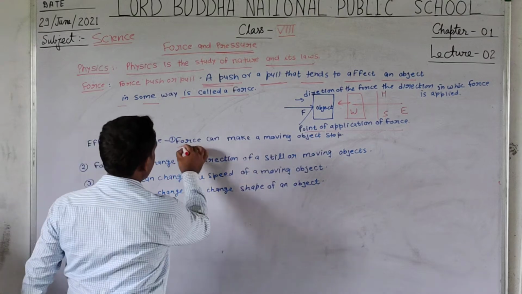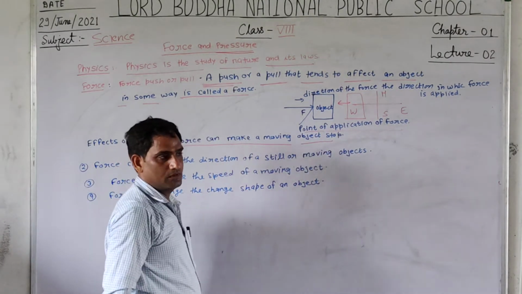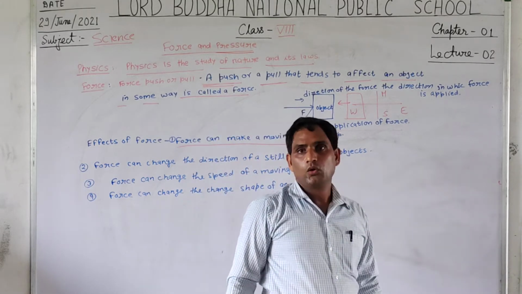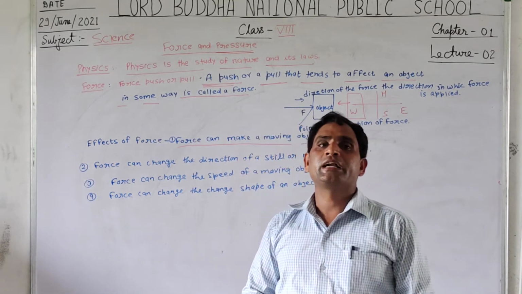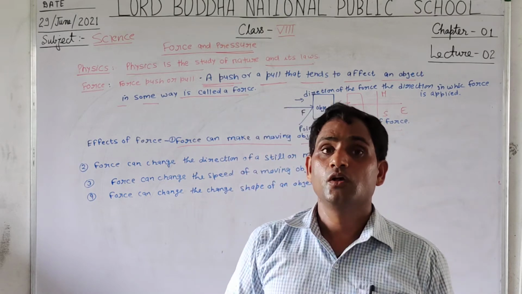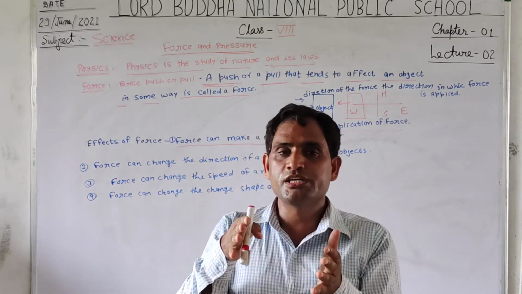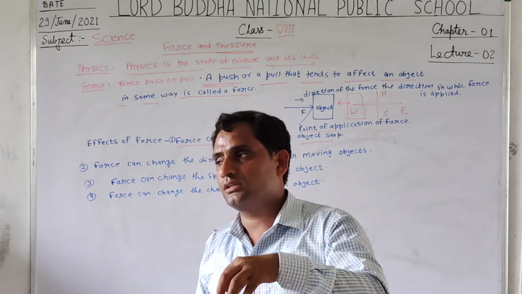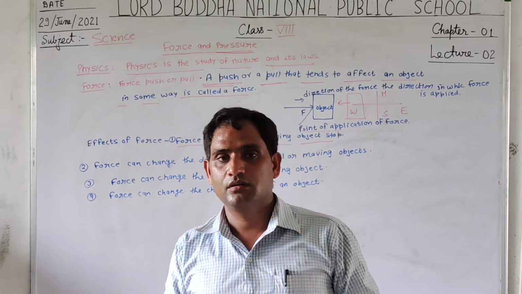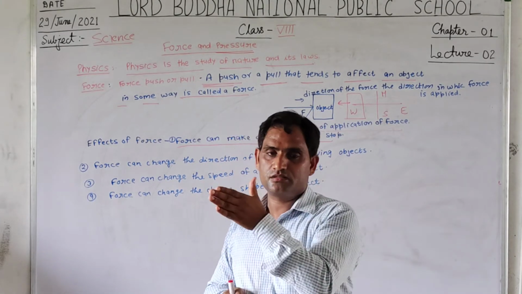A force can make a moving object stop. For example, when you play cricket and the batsman hits the ball, the direction and the motion, meaning speed or velocity, of the ball changes.